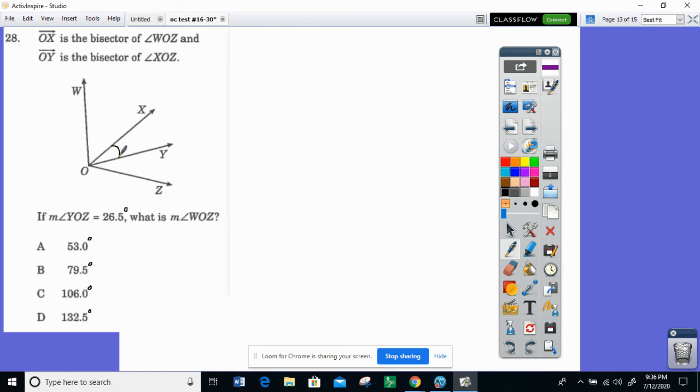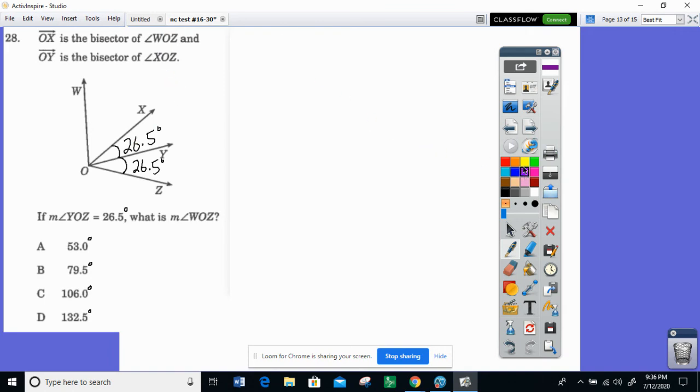So we're going to start out by marking that angle XOY and angle YOZ are congruent. And it tells us that the measure of angle YOZ is 26.5 degrees. Well, since we mark these two angles as congruent, we may as well mark angle XOY also 26.5 degrees. And they want to know the measure of angle WOZ.